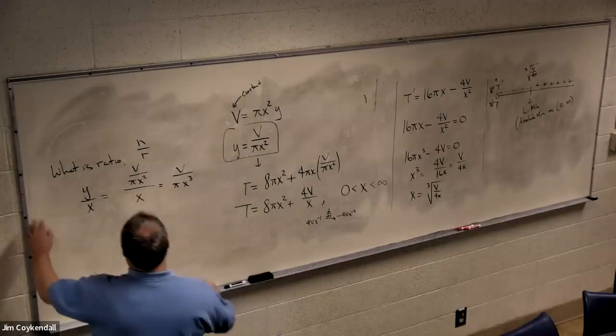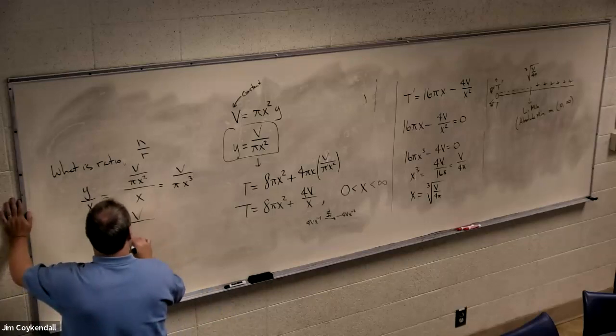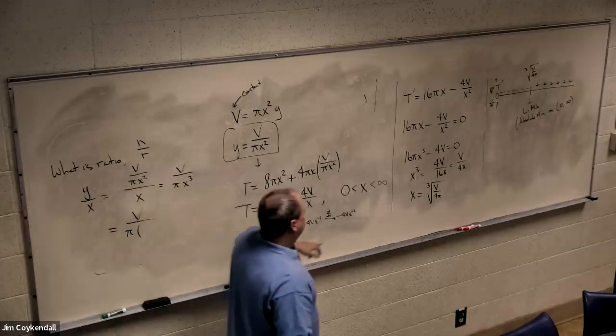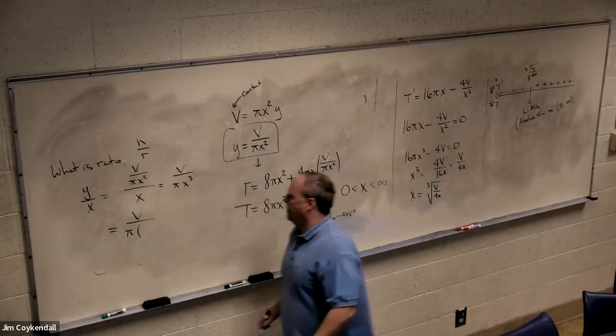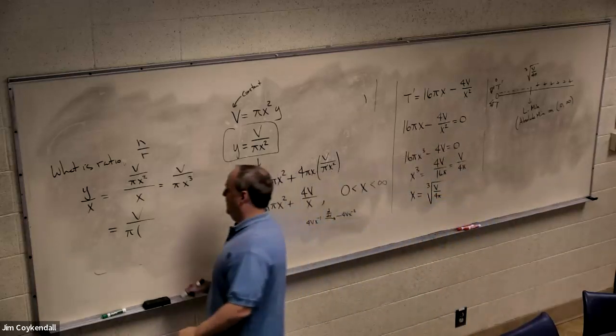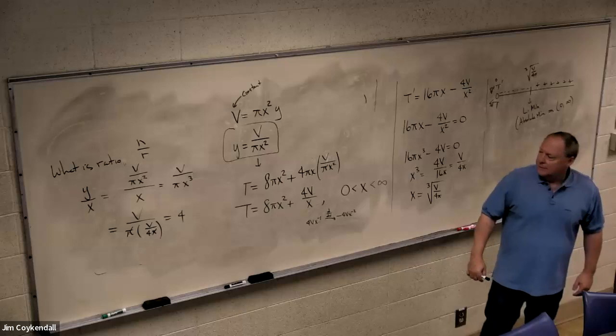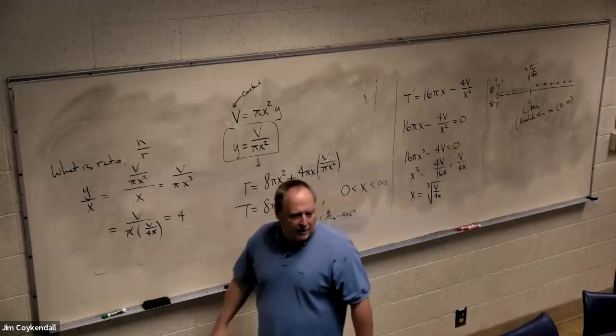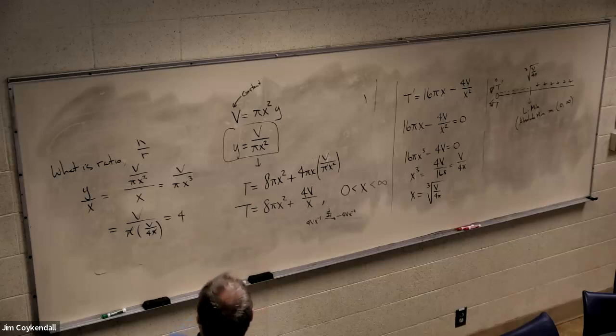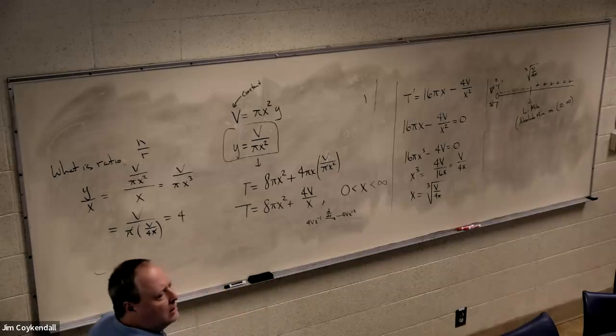And X cubed is B over 4 pi. To basically be 4 times the radius or twice the diameter. So that the can should be basically twice as high as it is.